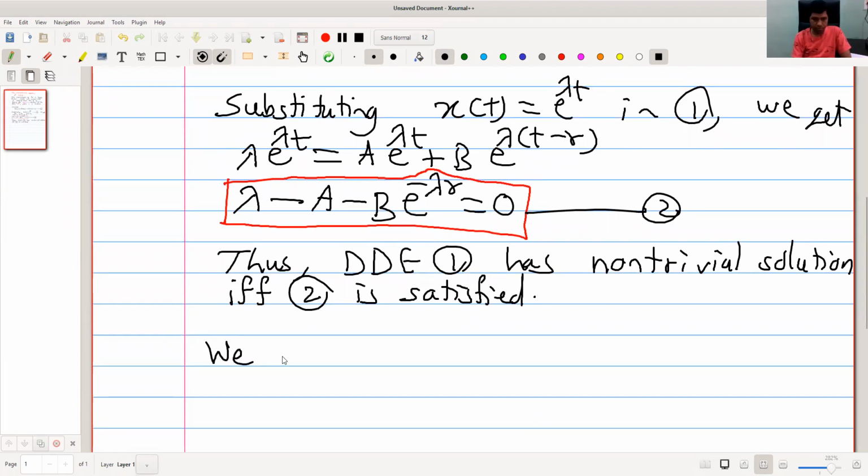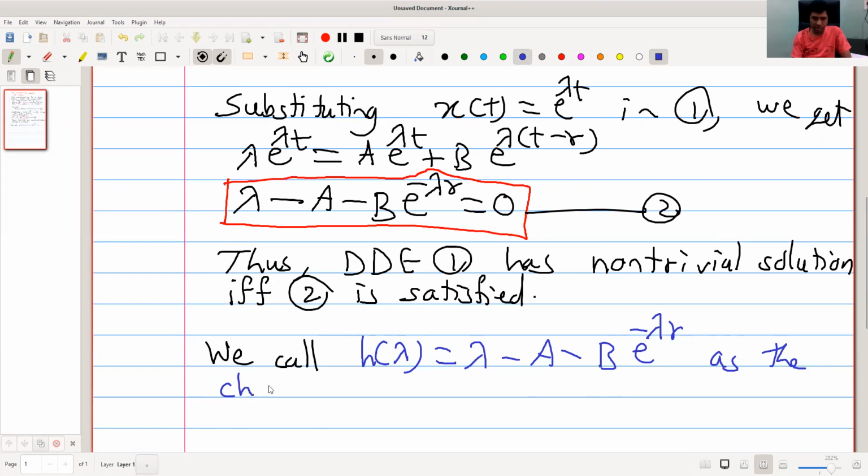We call h of lambda equal to lambda minus a minus b e raised to minus lambda r the characteristic equation of the delay differential equation 1.